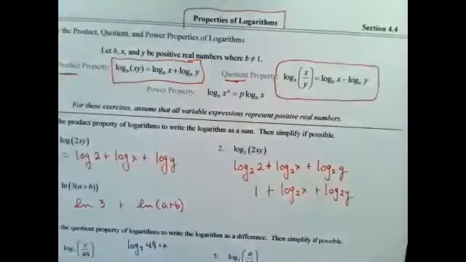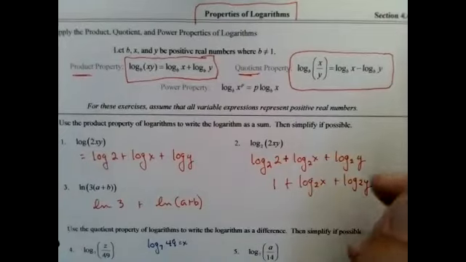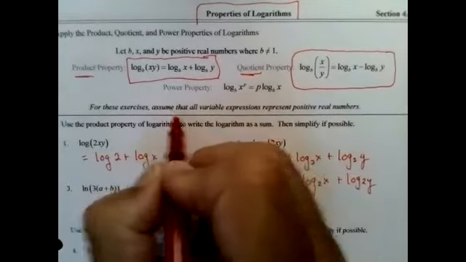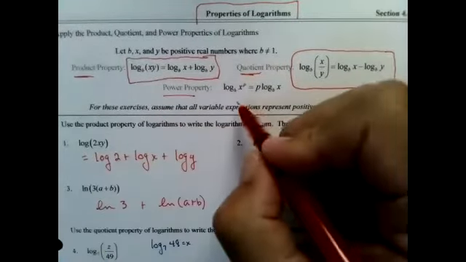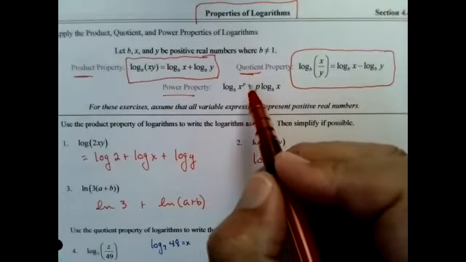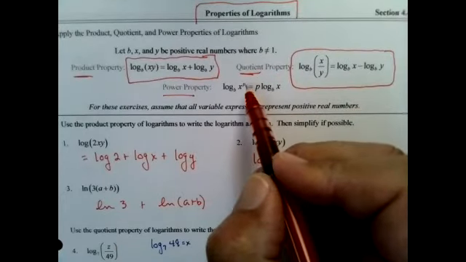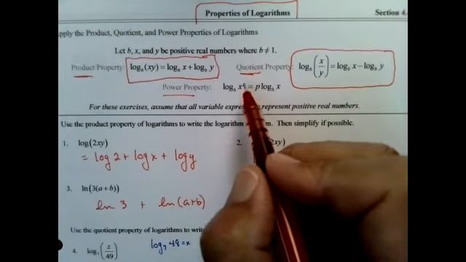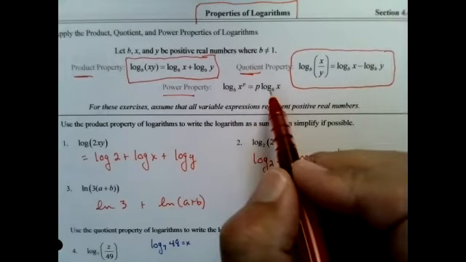This third rule is kind of helpful as well. It's the power property. And it says if I have log base b of x raised to a power, as bizarre as this seems, I can bring the power around front.